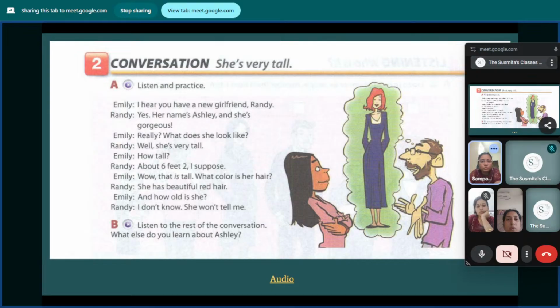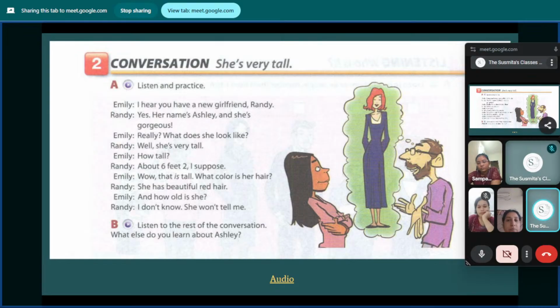How tall? About 6 feet two, I suppose. Wow, that is tall. What color is her hair? She has beautiful red hair. And how old is she? I do not know. She won't tell me.